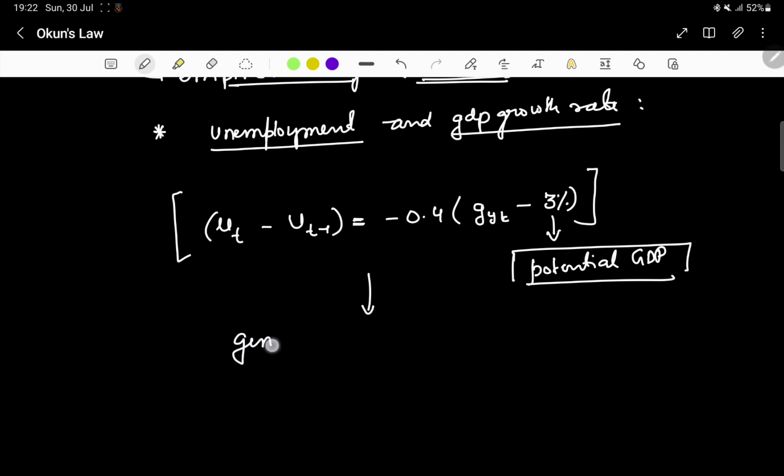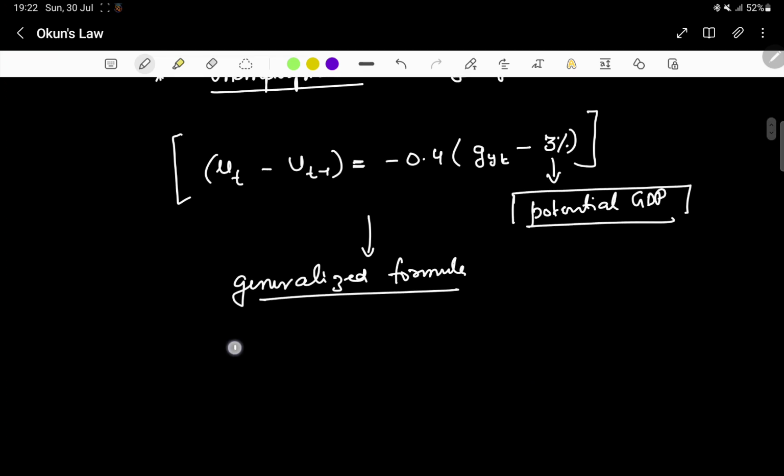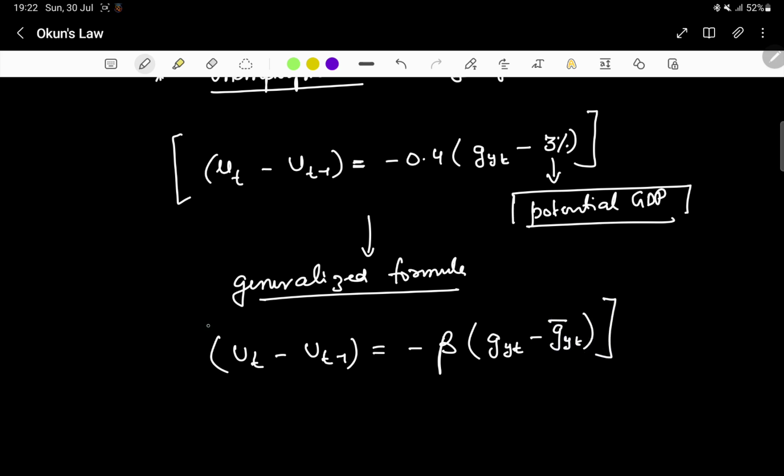And actually it helped the developed economies to bring a certain relation between unemployment and GDP growth, and it was later generalized. So the generalized formula that later on developed was Ut minus Ut-1 is equal to minus beta times (Yt minus Yt bar). This is particular to any economy, which will have its own potential GDP growth rate and unemployment rate.